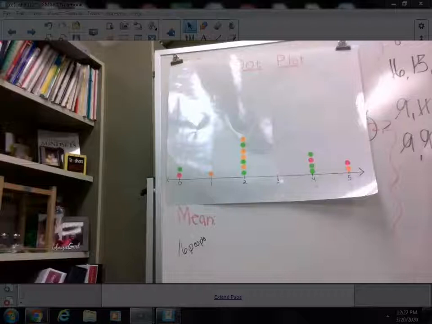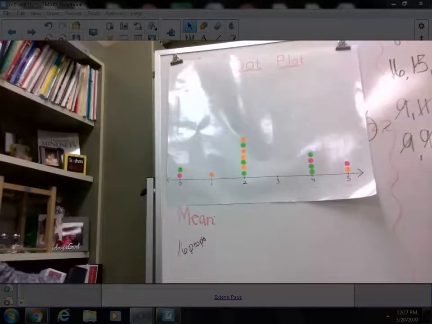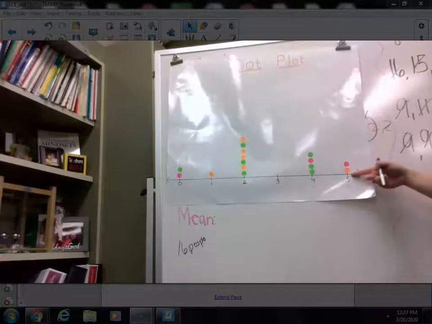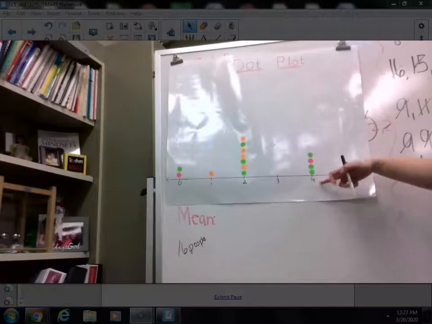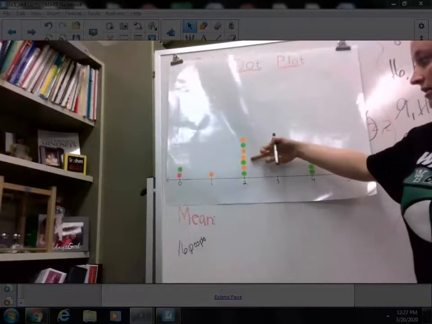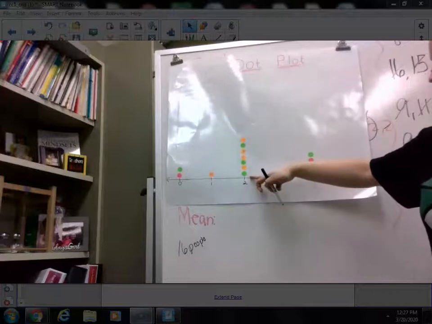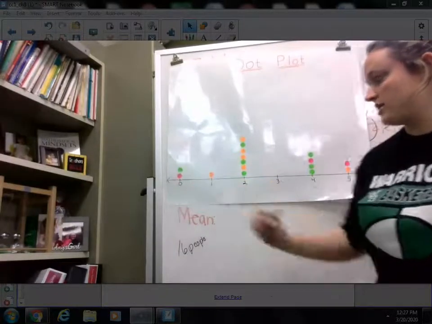So in order to find the mean, you first have to take your set of data and add them up. So right here we have 2 sets of 5, so that's going to be our 10. We have 4 under the 4, and that's going to be 16. We have 7 dots under the 2, so that's going to be 14, and then 1, and then our zeros.